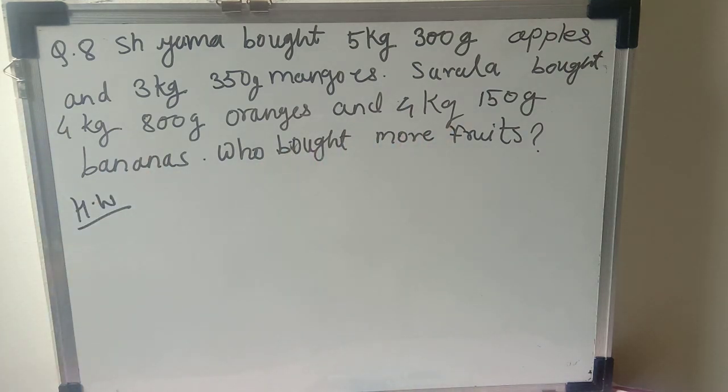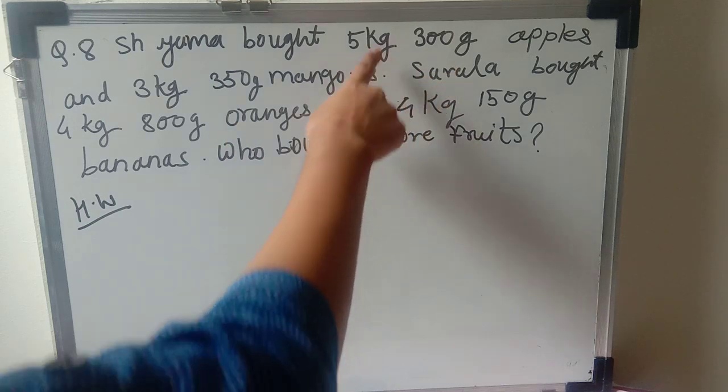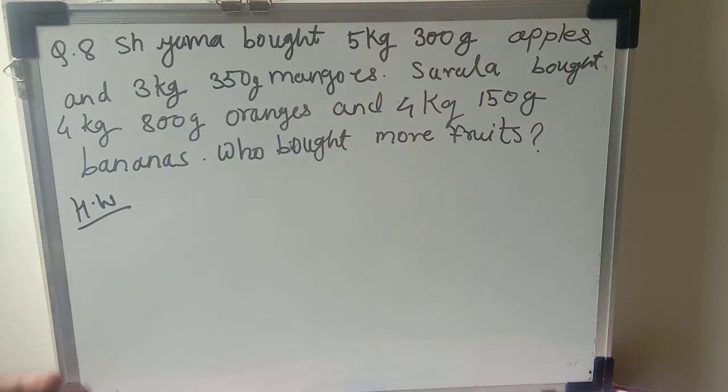After adding all the weights, you have to subtract to find who bought more and how much. Who bought more fruits and how many is not given here, but still you have to decide from their weights who bought more.